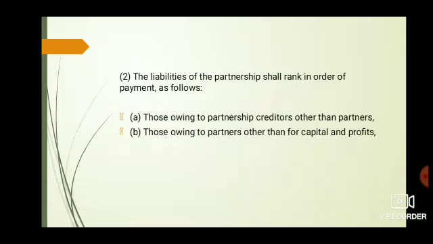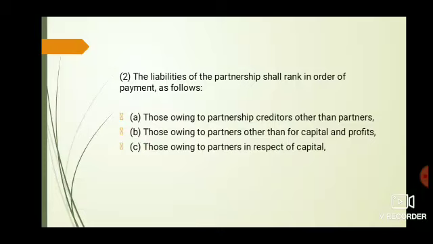Yung second naman is those owing to partners other than for capital and profits. So, the second one is the partner or partners who gave a loan to the partnership. So, kung una, yung utang ng partnership, yung pangalawa naman is yung individual na utang sa partners. Pangatlo naman is those owing to partners in respect of capital.